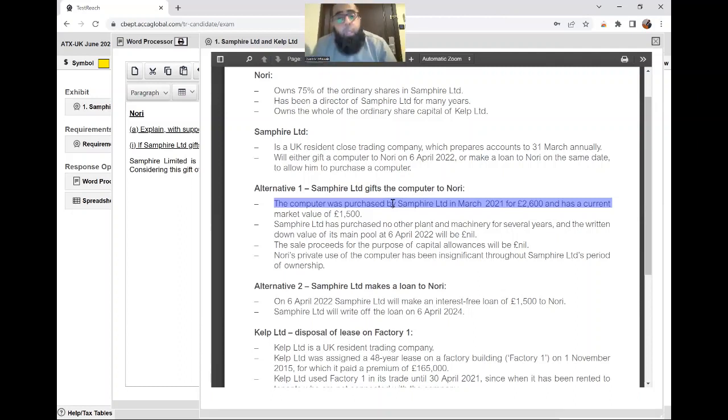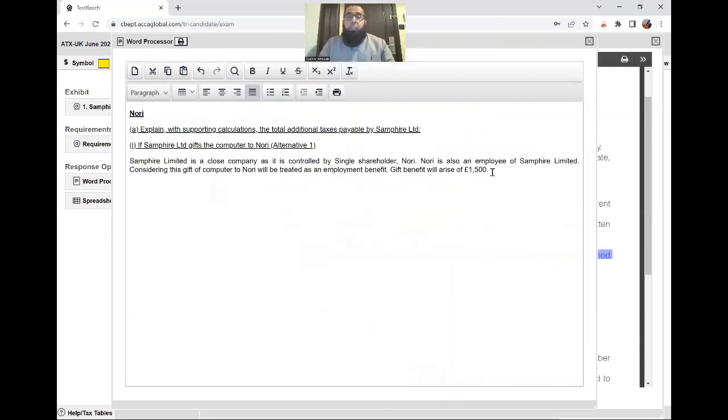It's higher of, one is the market value working and one is the usage benefit working. Since the earlier private use had been insignificant, so we'll not do the usage benefit working. We'll only look at the market value. Okay, I hope you are getting it. Now, the gift of computer will give rise to a benefit of £1,500.